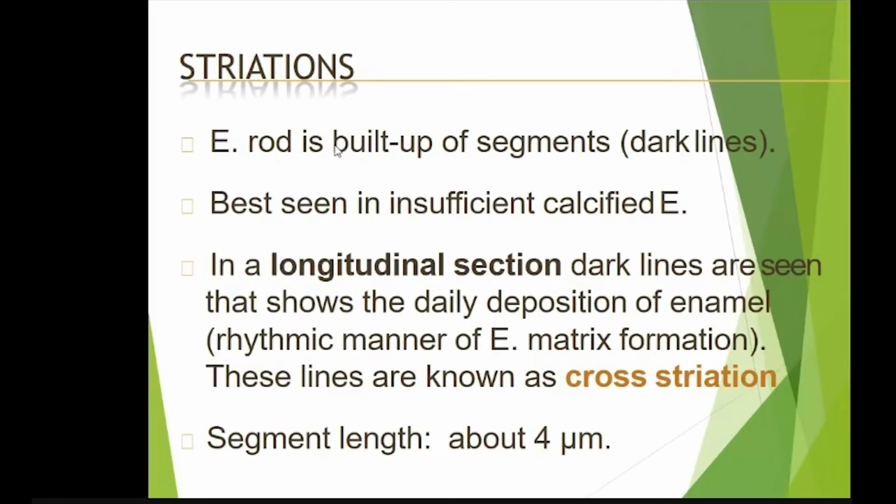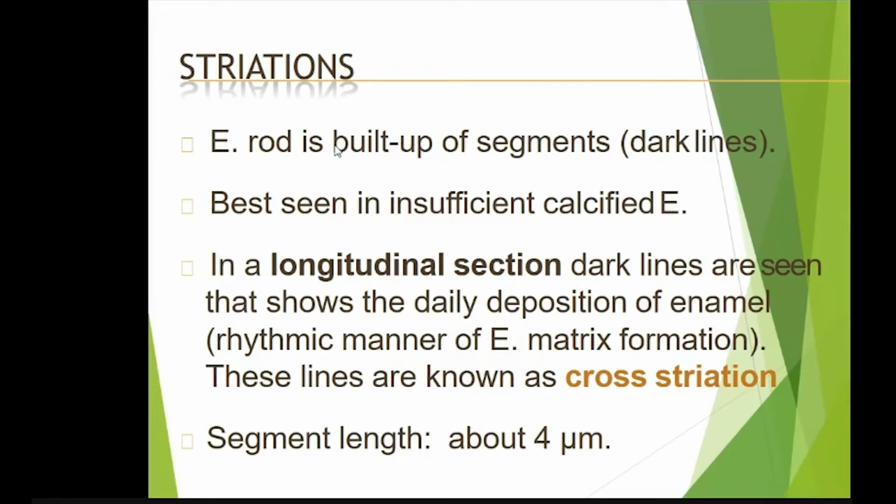Striations: the enamel rod is built up of segments with dark lines, best seen in insufficiently calcified enamel, meaning enamel where mineralization is not complete. In longitudinal section, dark lines are seen that show the daily deposition of the enamel, the rhythmic manner of enamel matrix formation.